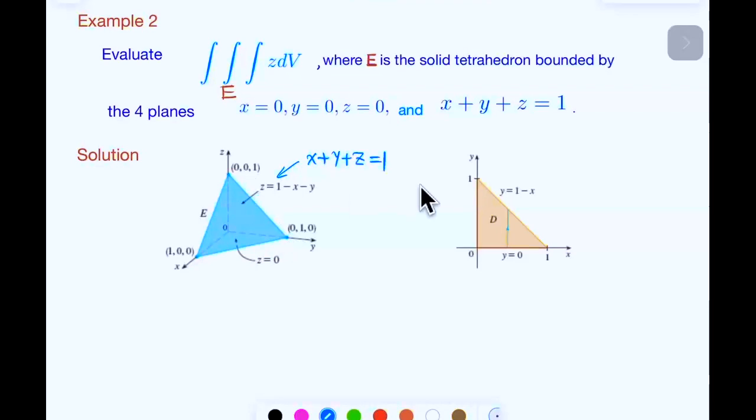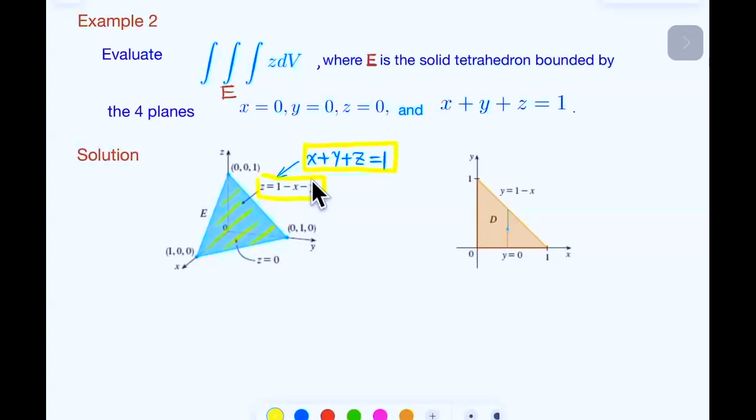Okay, so let me try to highlight that. This plane over here is x plus y plus z equals 1. Imagine this plane is going to intersect with the three coordinate planes, and then we get this tetrahedron over here.